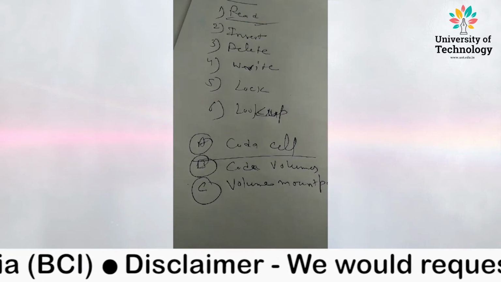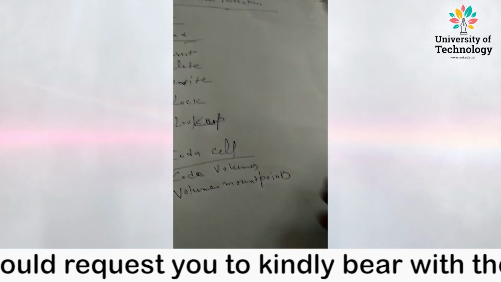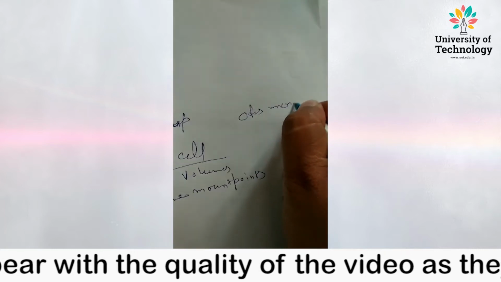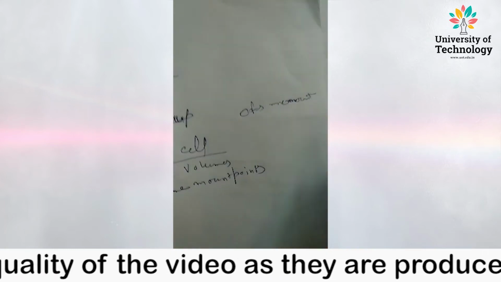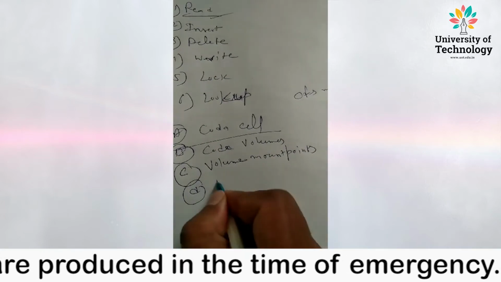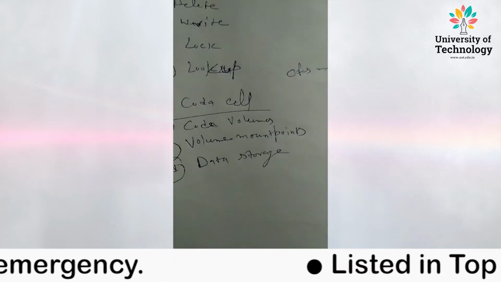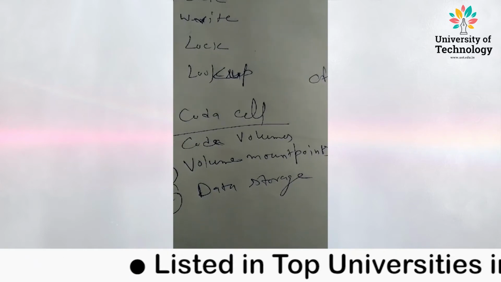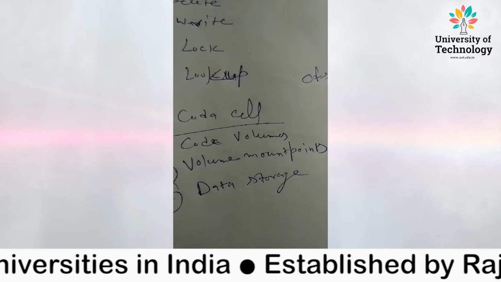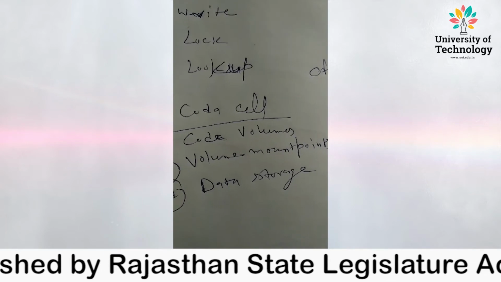Other volumes are grafted into the CODA tree using cfs mkmount. Next, D point, data storage. On the servers, CODA needs much more metadata to support server replication and disconnected operation, and it has complex recovery which is hard to do within a local disk file system.